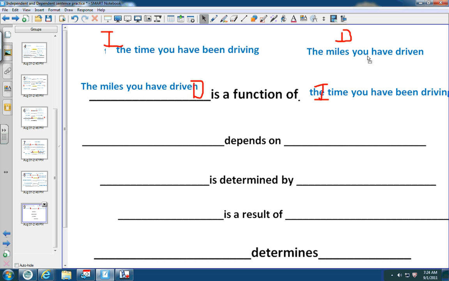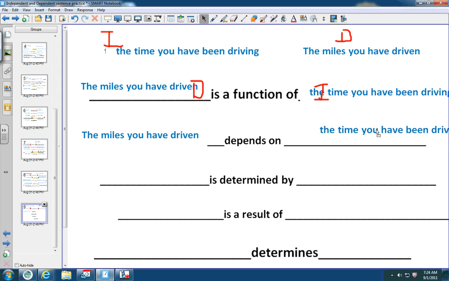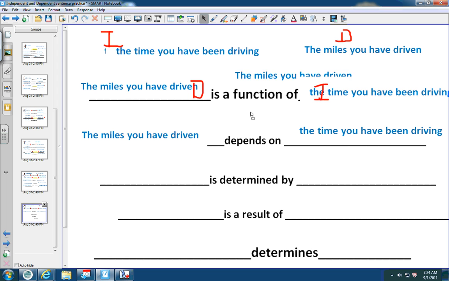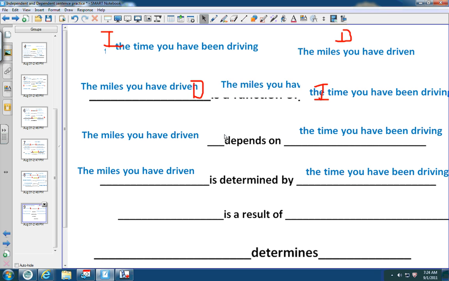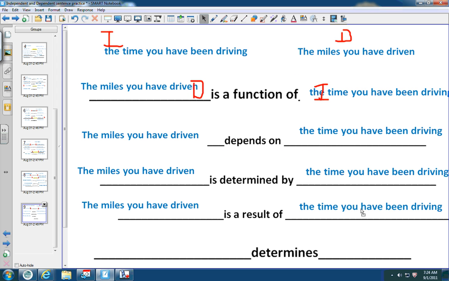Depends on: the miles you have driven depends on the time you have been driving. Is determined by: the miles you have driven is determined by the time you have been driving. Is a result of: the miles you have driven is a result of the time you have been driving.